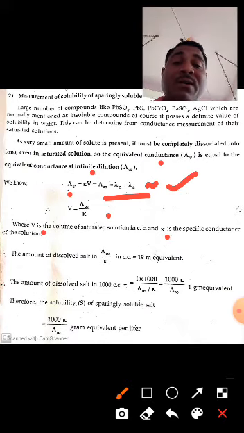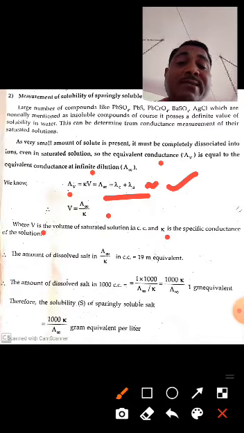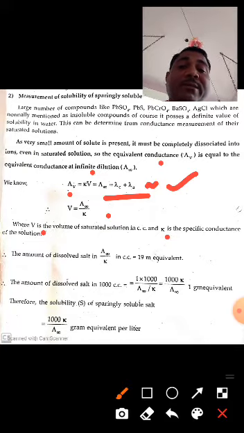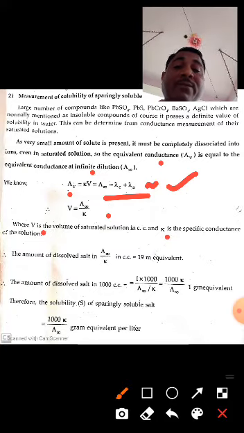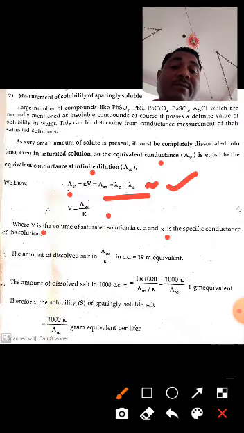Therefore we calculate the amount of dissolved salt in V, or lambda infinity divided by K cubic centimeters, which is equal to 1 gram equivalent.